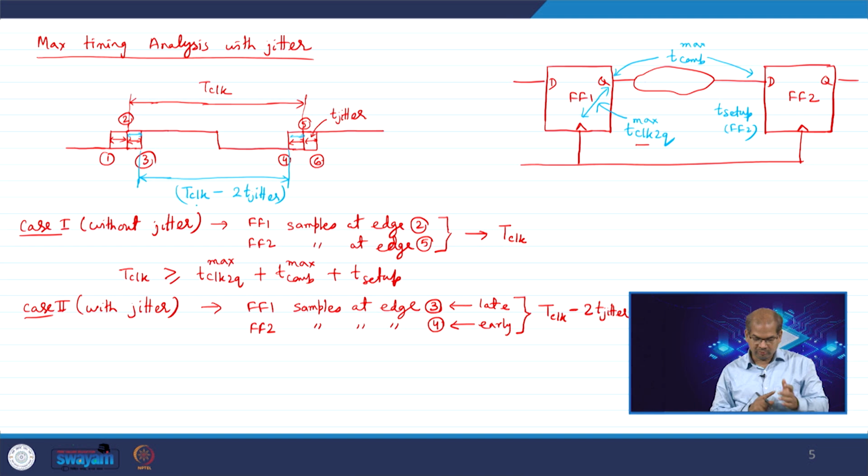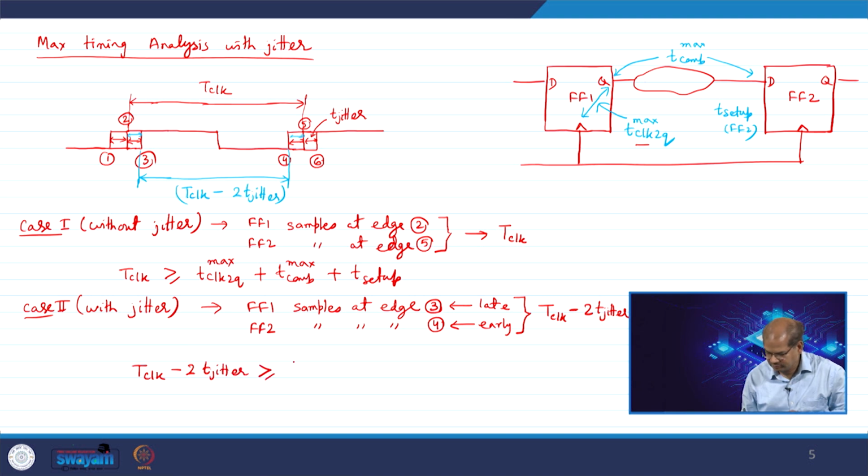Now, my max timing analysis equation: T clock minus 2 T jitter should be greater than or equal to T clock to Q maximum plus T combinational maximum plus T setup.